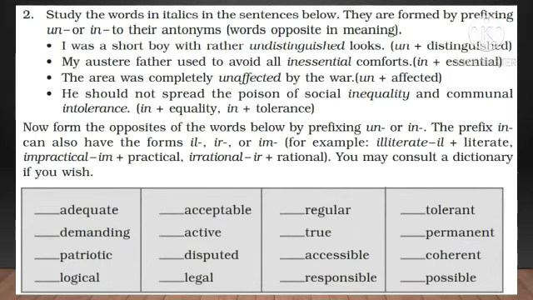Then next we have regular, irregular. And also we have the word tolerant. There we have to use the prefix in: intolerant. If you have any doubts, you just see here: in plus tolerant, intolerant. The next ones you can do by yourself.